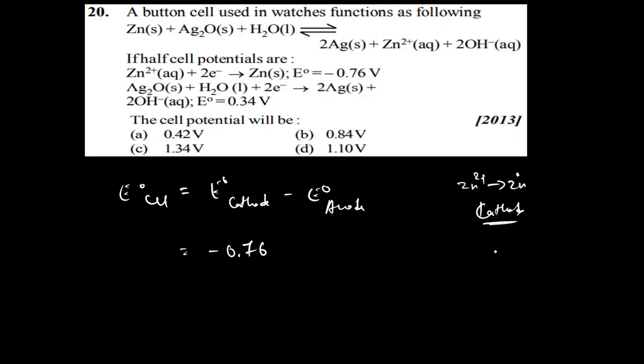And here at the anode, Ag2O gives rise to 2Ag. So here oxidation takes place at the anode, and we can consider the value minus of 0.34.